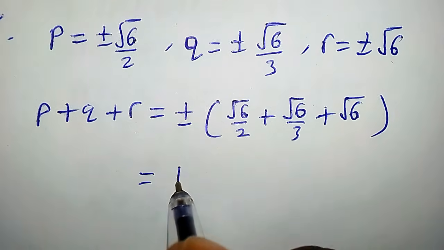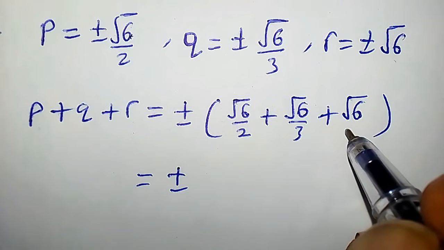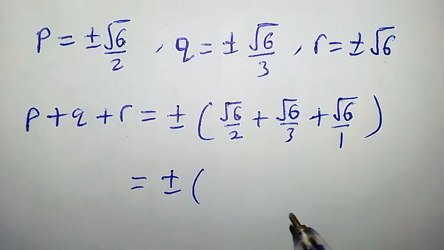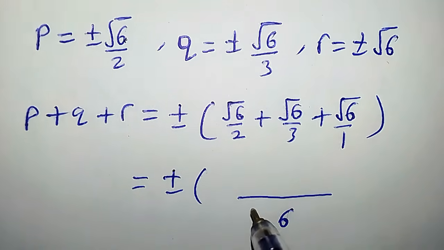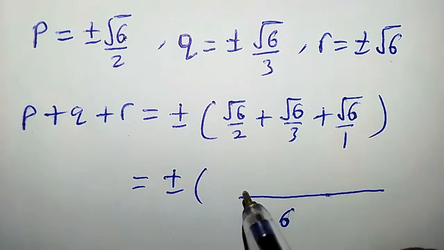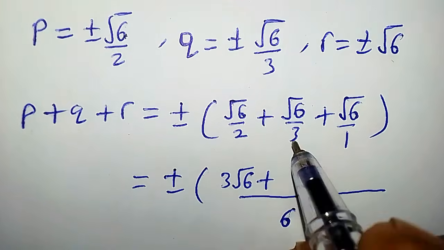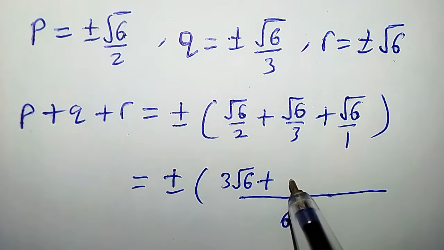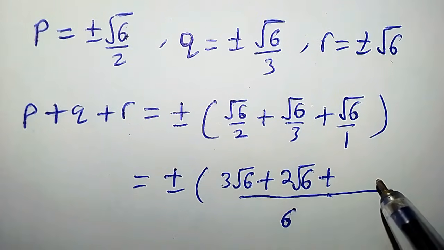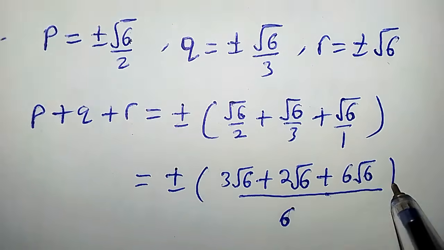This now equals plus or minus. We can take the LCM here, that is the lowest common multiple. The LCM here is 6. So open brackets, 6 over 2 is 3, 3 times square root of 6, that is 3 root 6, plus 6 divided by 3 is 2, 2 times square root of 6, we have 2 root 6, plus 6 divided by 1 is 6, 6 times square root of 6, we have 6 root 6.